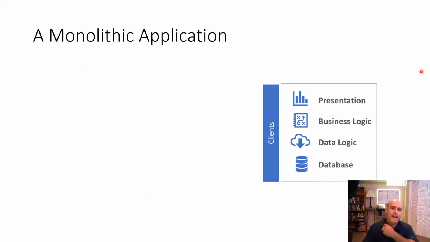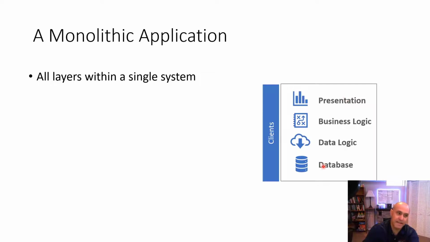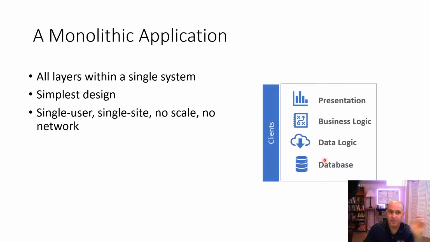A monolithic application is where the client has all of it. The client has presentation, business logic, data logic, and a database. It's all in one system. It's obviously the simplest design. It's single user, single site. There's no scaling. There's no network involved.